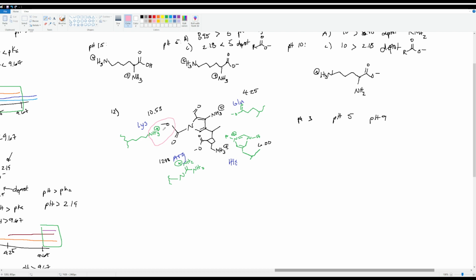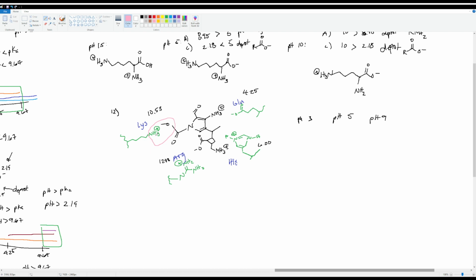So for lysine to have a positive charge, what must be true about my pH? In other words, how must my pH compare to my pKa if lysine has a positive charge? Well, pH is less than pKa.